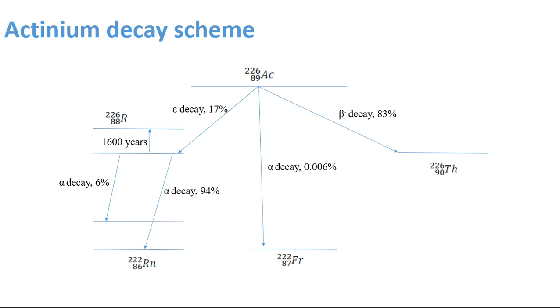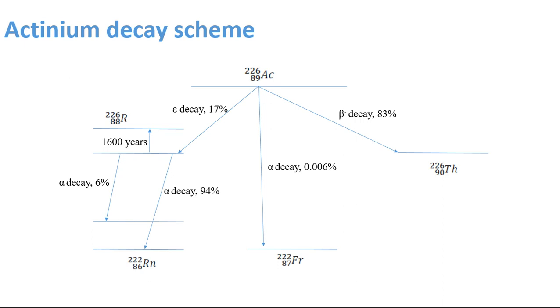Here I am showing you the decay possibilities of actinium 226. 226 is the A number, 89 is the Z number. It has different possibilities to decay. On the right-hand side, it can decay into thorium with beta minus decay, negative beta decay, with a branching ratio of 83%.